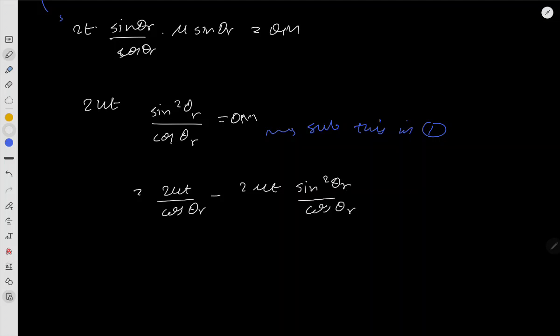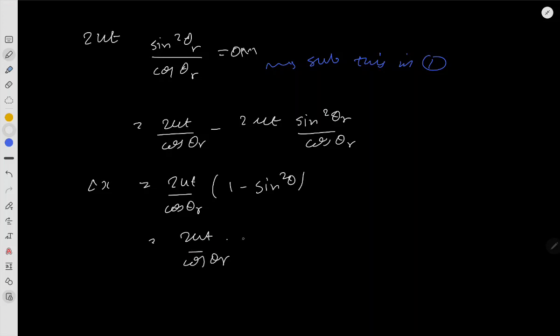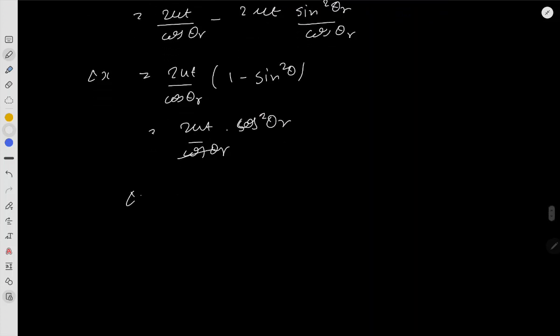So now we can take 2 mu t upon cos theta r as common, and we get 1 minus sine square theta r, equals to the path difference, 2 mu t upon cos theta r into cos square theta r. So one cos theta gets cut, so delta x equals to 2 mu t cos theta r.